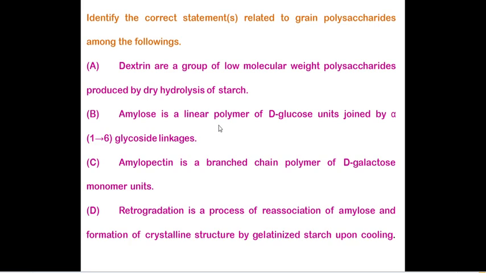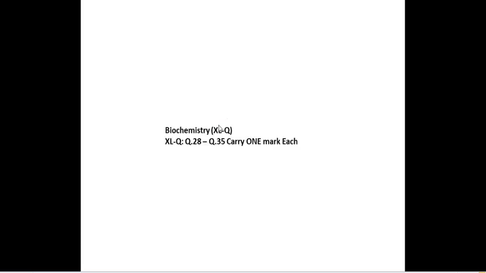So option B is incorrect. Next option is amylopectin is a branched chain polymer of D-galactose monomer units. Amylopectin is a branched chain, but it is a polymer of D-glucose, and here they have given D-galactose. So option B and option C are incorrect. The last statement is correct, whereas retrogradation is a process of reassociation of amylose and formation of crystalline structure after gelatinization of starch upon cooling. So option A and option D are correct.